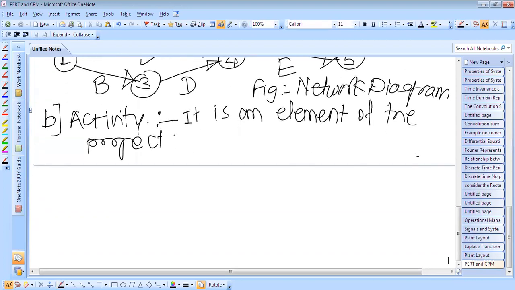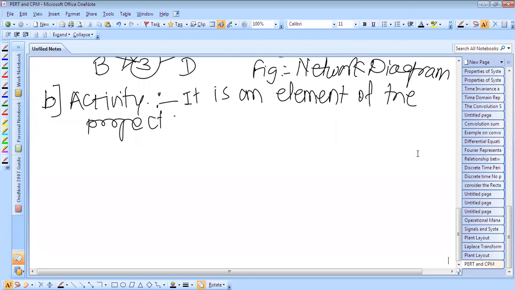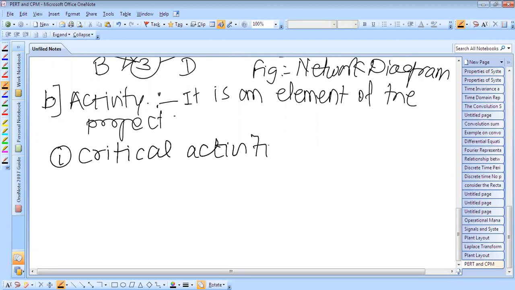Next, activities are further classified as critical activities and non-critical activities.